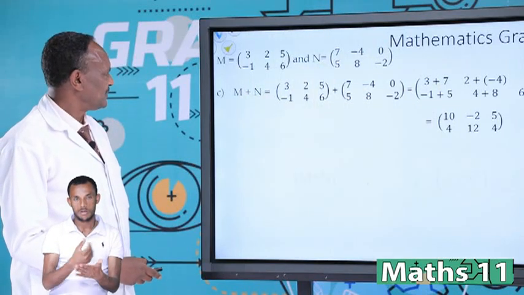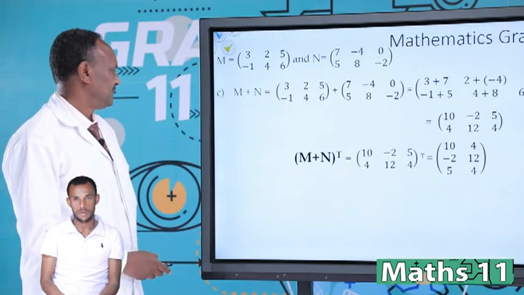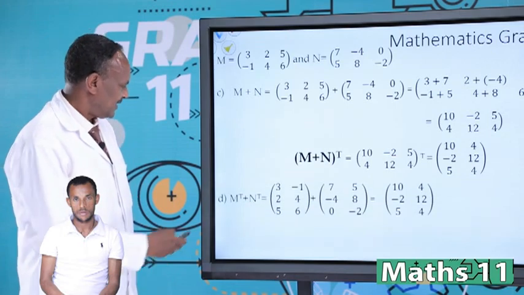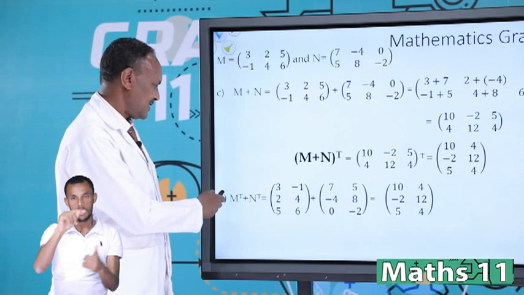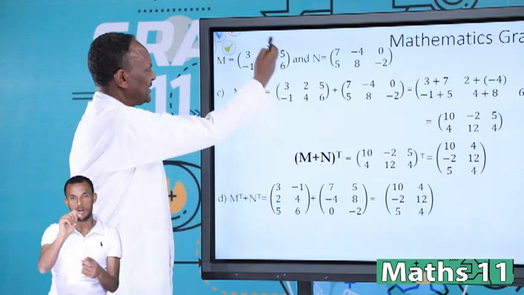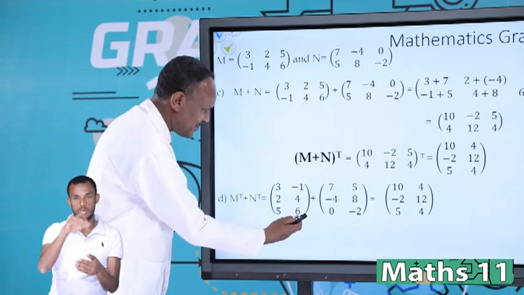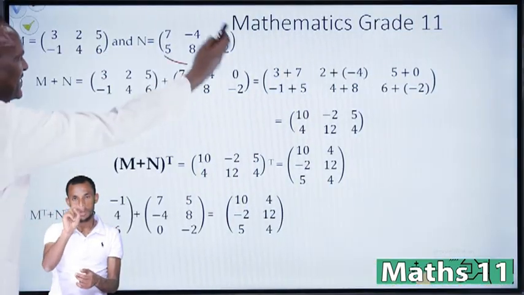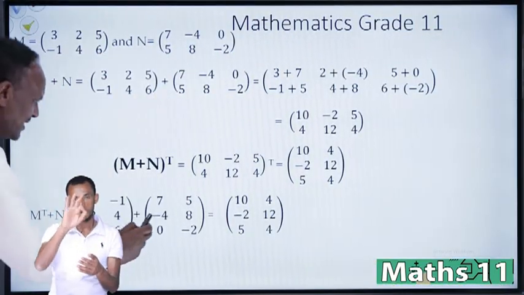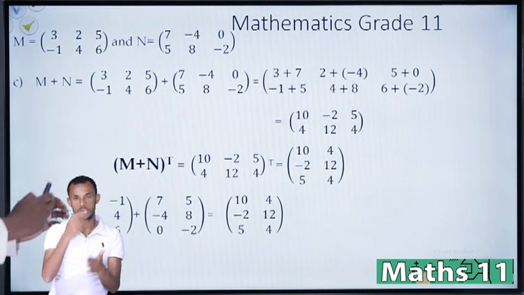Take the other one also. The sum of the two separate transposes. M transpose, when transposed, gives a 3 by 2 matrix. The transpose of N, when transposed, gives this matrix.